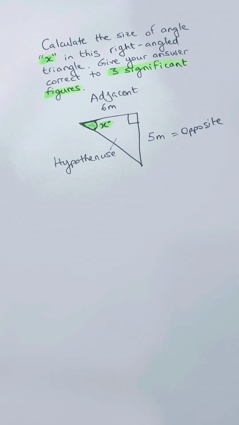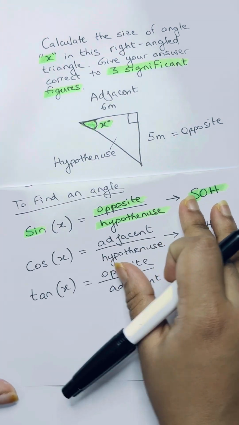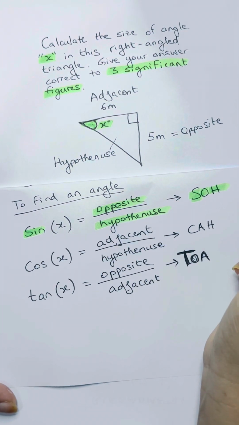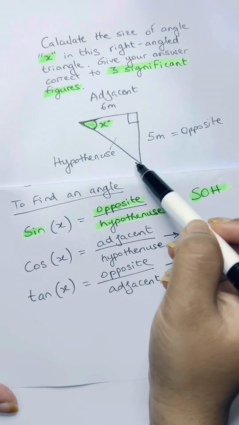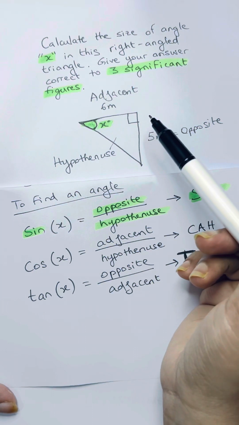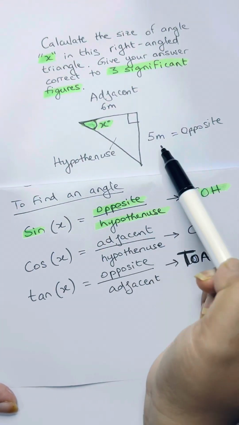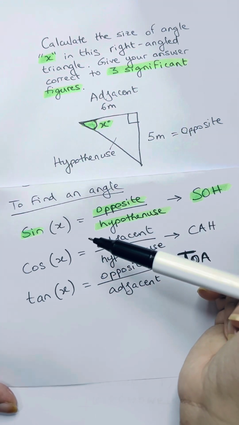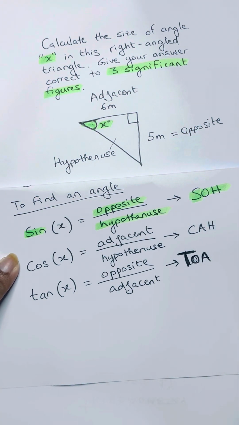Now let's go back to our formulas here. In order to find the angle of the right angle triangle, I need to have two sides given, and I do have two sides given, the adjacent and the opposite. In this case, can I use the sine of x formula, the SOH formula? Let's try.